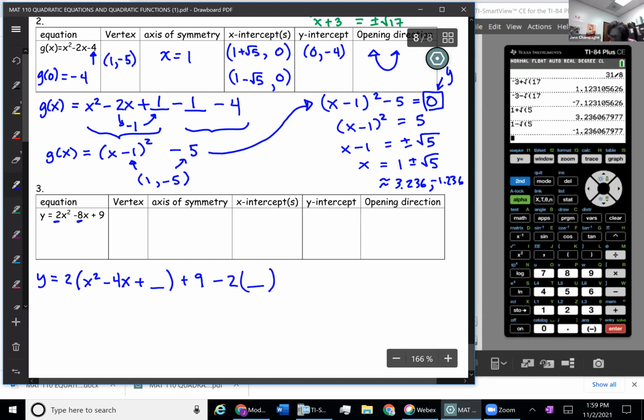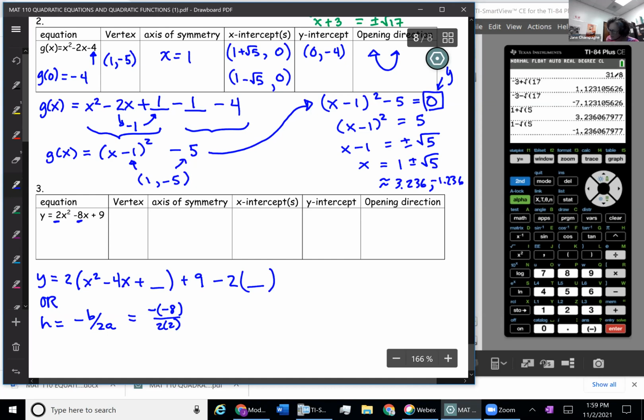So it could be done, but the other way to do it is to use h equals -b over 2a, which would be -(-8), so +8 over 2 times 2.